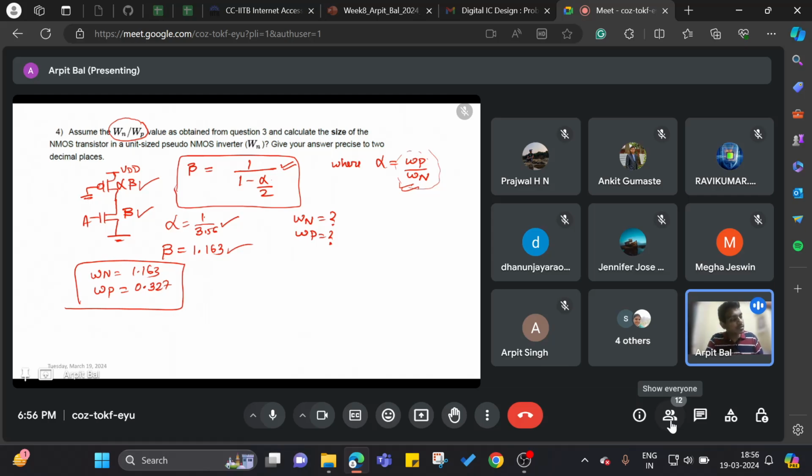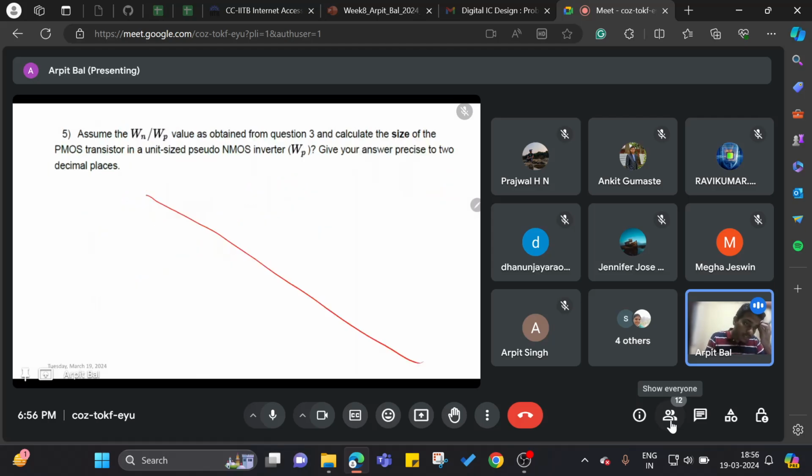So alpha is basically Wp by Wn. We already figured out what is Wn by Wp. Just take the reciprocal of that and we will have alpha. After finding the value of alpha, we just need to find the value of beta from this equation and then substitute the value of beta and alpha beta here to figure out what is Wn and Wp.